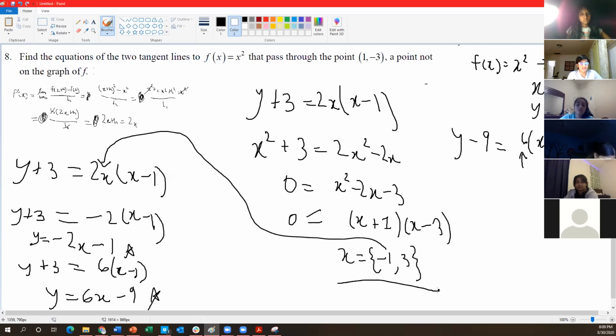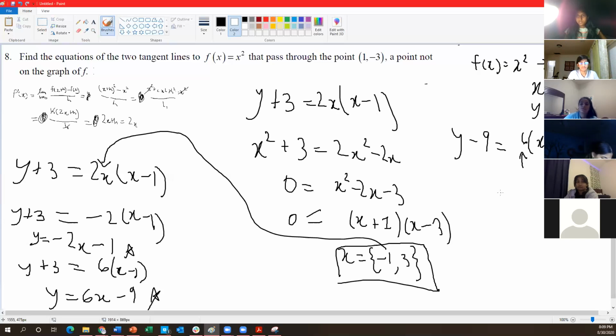In this case, because it was a quadratic, there were 2 x values, and when you plug them in, you have 2 separate equations. That's why there are 2 tangent lines. That's not always going to be the case. You might have 3, you might have 1. It just depends.